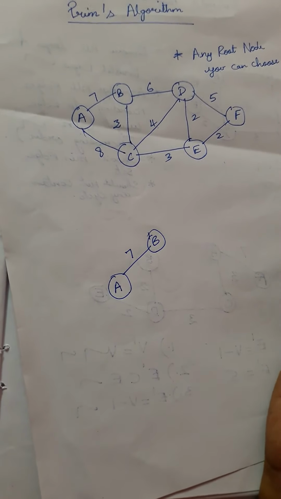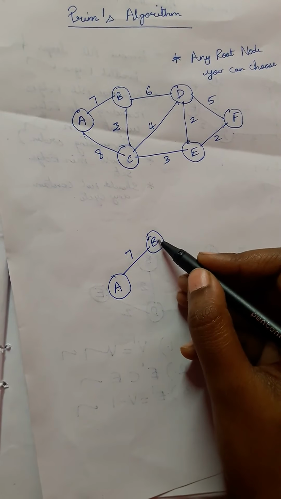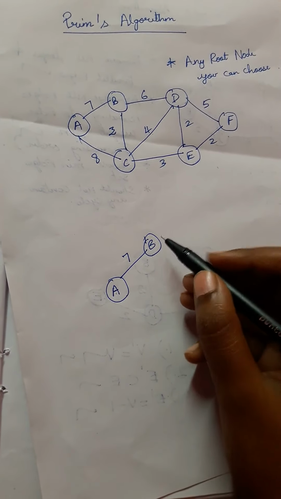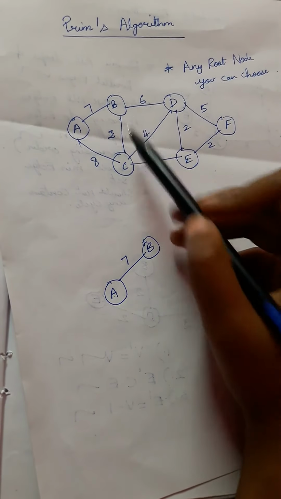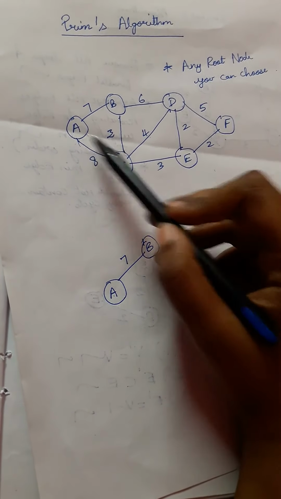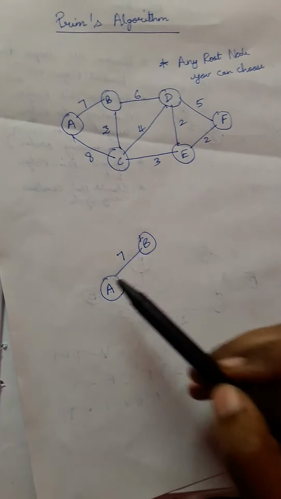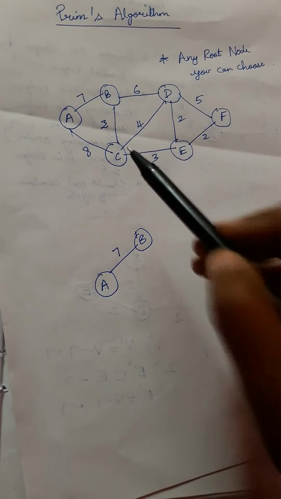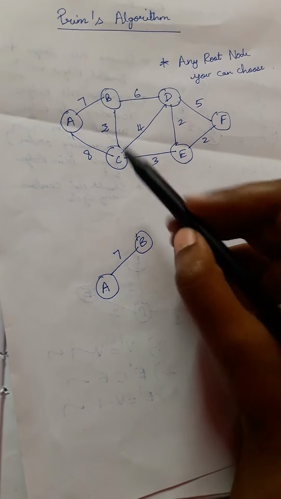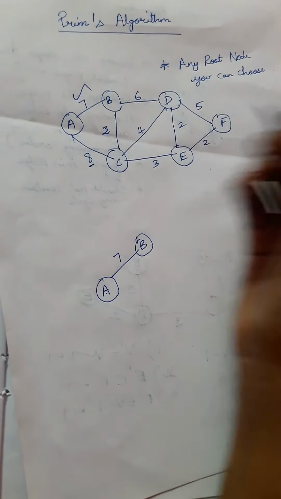Now we are at B. Listen properly. The adjacent nodes from B are D and C. We did not consider A to C, because A to B was smaller, so we took that. So again, three things are here: one is completed and one is still left.